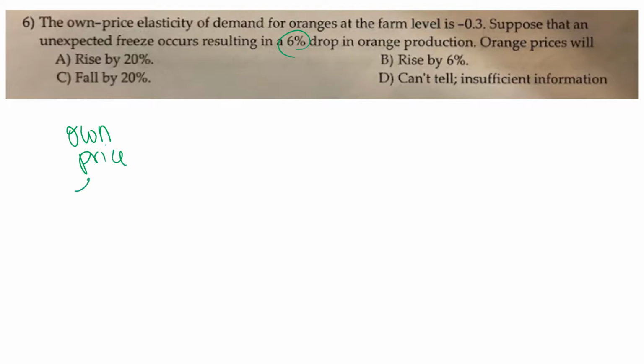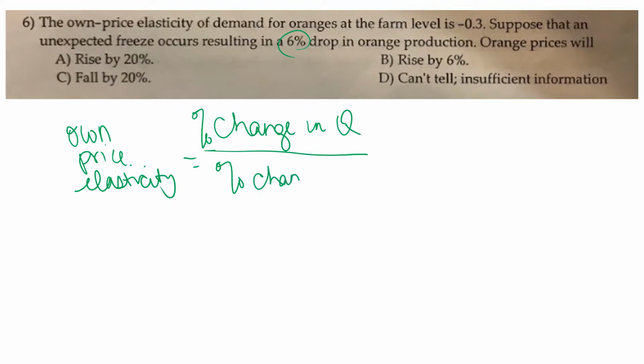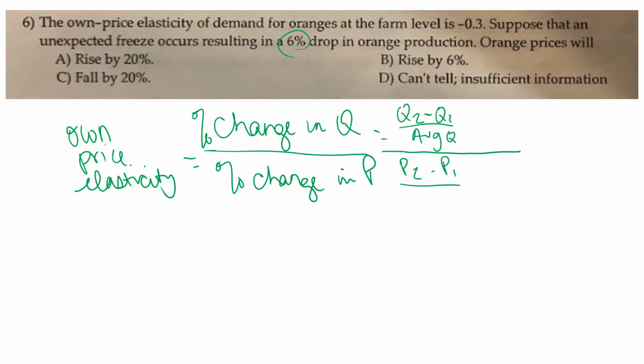Own price elasticity equals percent change in Q divided by percent change in P. Percent change in Q equals Q2 minus Q1 divided by average Q, and divide that by P2 minus P1 divided by average P.